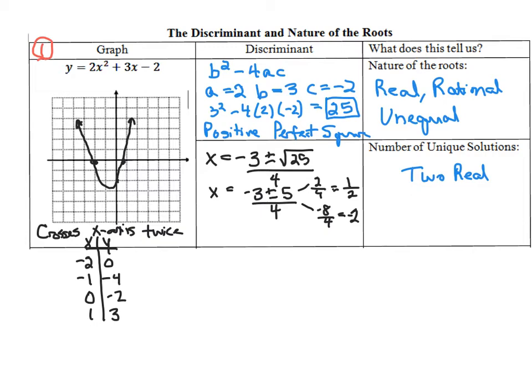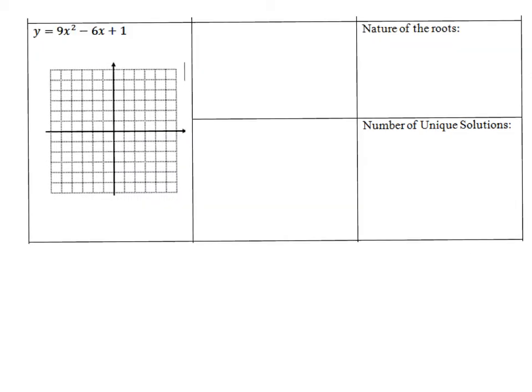Let's go ahead to scenario number 2. So our second example, y equals 9x squared minus 6x plus 1, I'm again going to start with my discriminant, so the b squared minus 4 times a times c. The b is negative 6, so negative 6 squared minus 4 times 9 times 1.